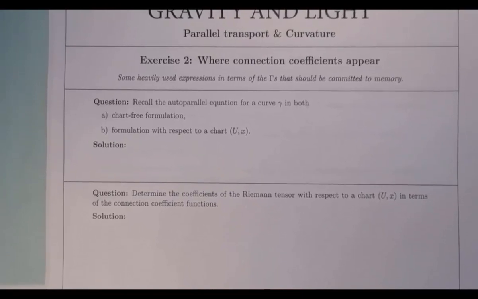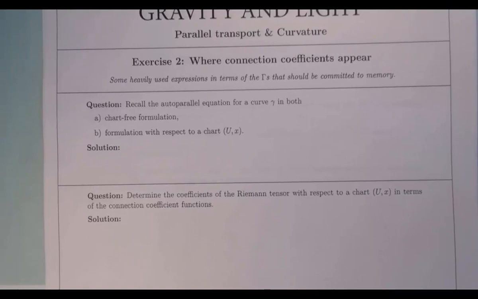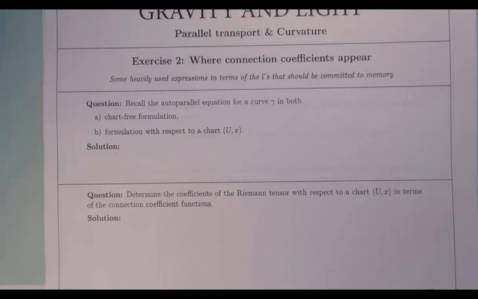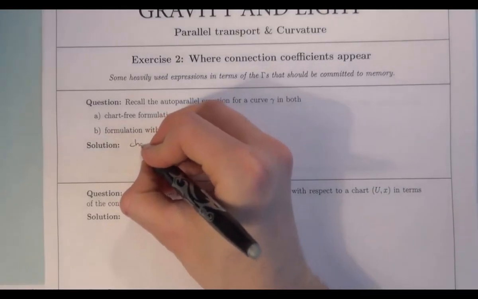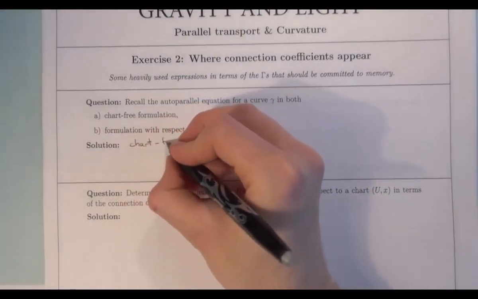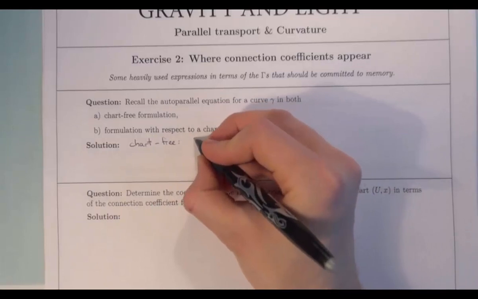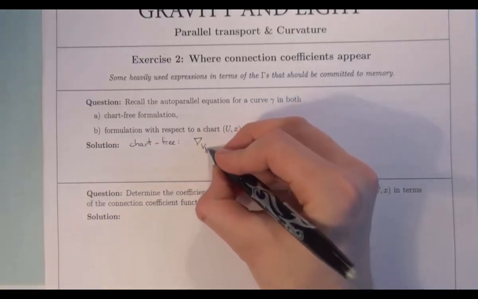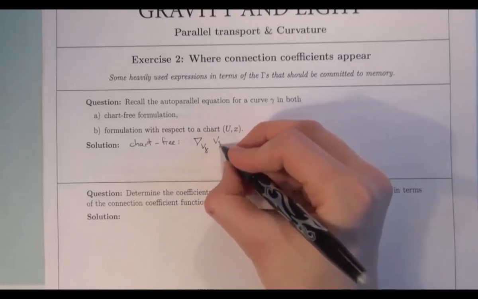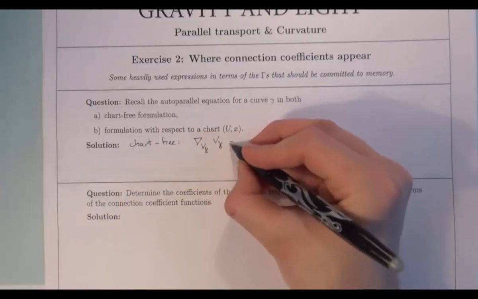So, where connection coefficients appear. So let's recall the autoparallel equation for a curve gamma in the chart free formulation as well as in the formulation with respect to a chart. So the chart free formulation is just that the covariant derivative with respect to v gamma acting on itself, v gamma, is 0.